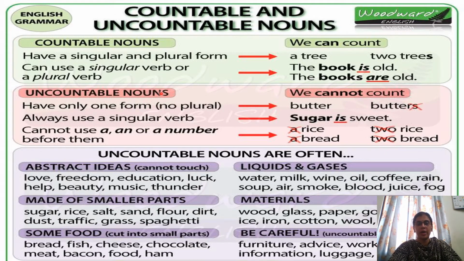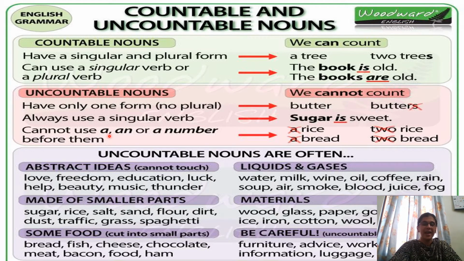Now uncountable nouns, we cannot count them. They have only one form, which is singular, and there is no plural form. For example, butter. You will not say butters as plural. You will not use that word. Always use a singular verb. Since there is no plural form for uncountable nouns, the verbs we use are only singular verbs. We do not use the plural verbs. Sugar is sweet.